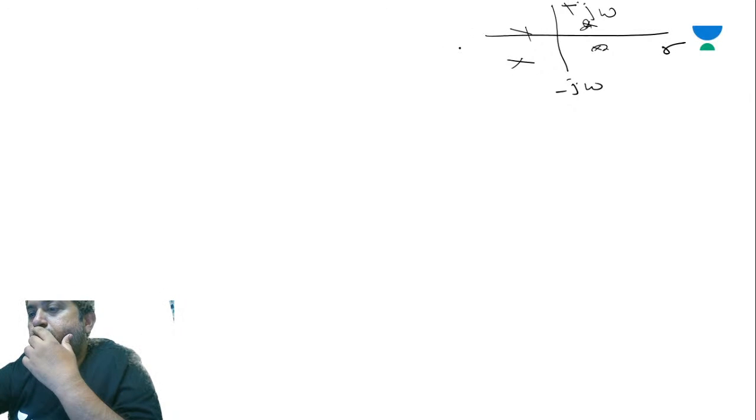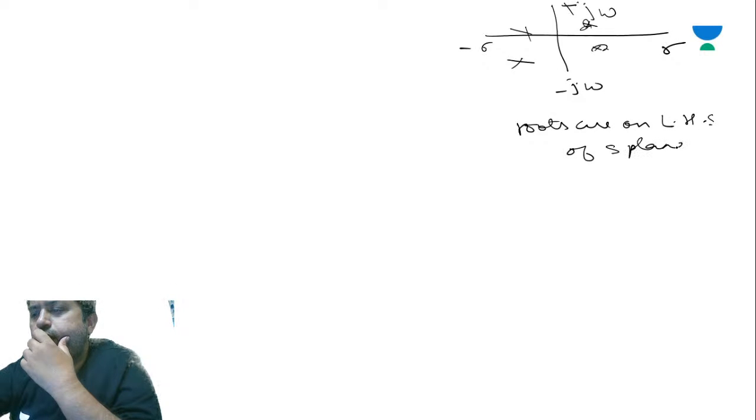This is minus sigma. If roots are on the left hand side of the S plane, the system is stable.